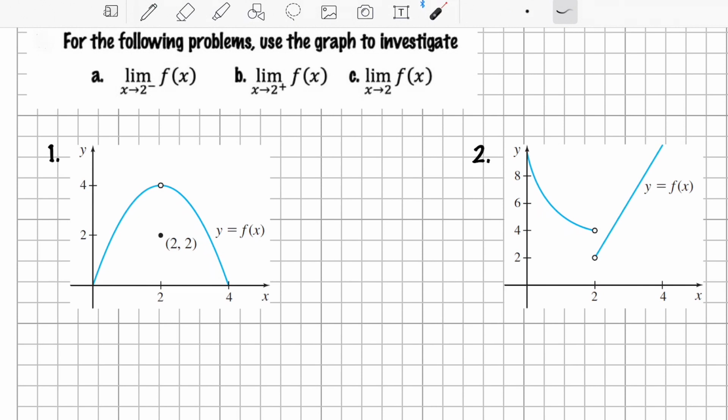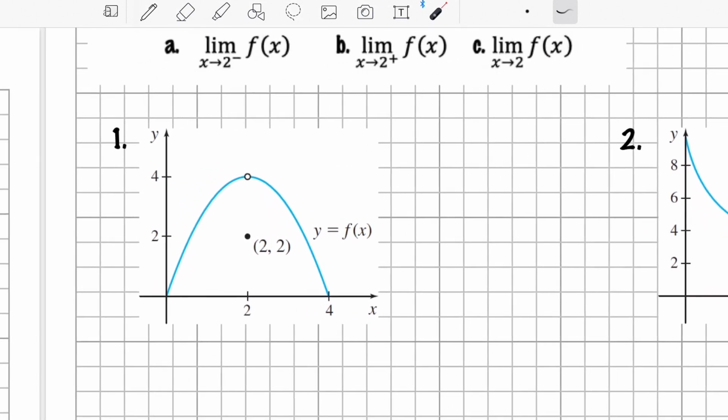Notice that this time we have a minus sign, a plus sign, and this one does not have a plus or a minus sign. So what this means is that we want to approach from the left. Negative means from the left. We're coming from the left, which means you're moving to the right. And this one says you are approaching 2 from the right, meaning you're moving towards the left because you're coming from the right. And for this one, you have to check both sides.